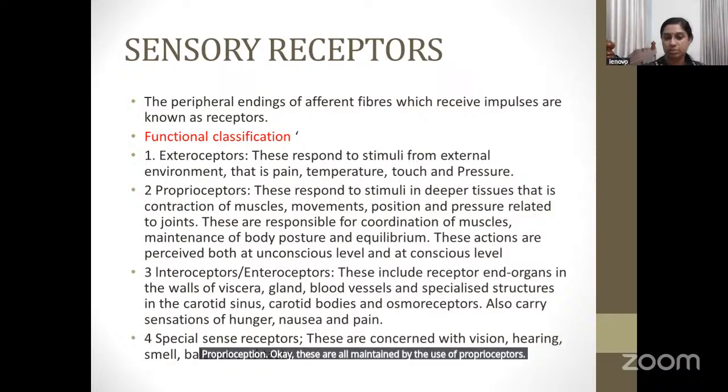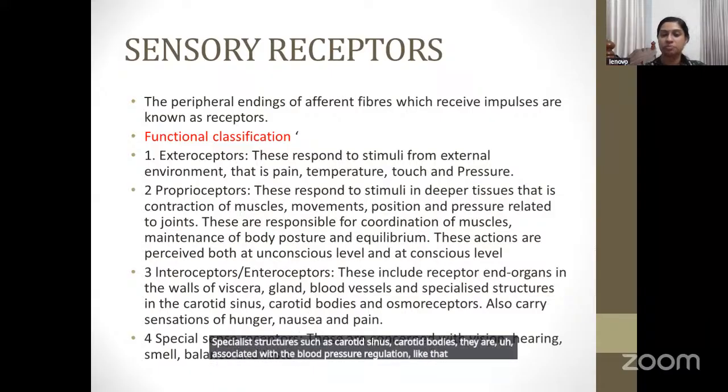And interoreceptors: intero means inside. Okay, enteroreceptors or interoreceptors are included as receptor end organs in the walls of viscera, glands, blood vessels, and specialized structures such as the carotid sinus and carotid bodies. They are associated with blood pressure regulation.